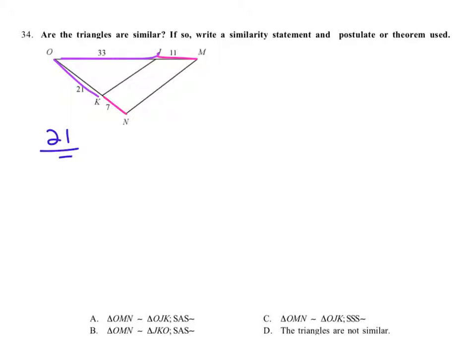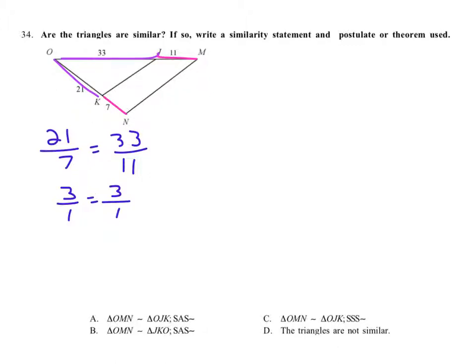We've got 21 is to 7 as 33 is to 11. And if you simplify both of these, you could see that they would simplify to 3 to 1. You could cross multiply and check if they were equal, but you can also see that they simplify to the same fraction, so that's fine.